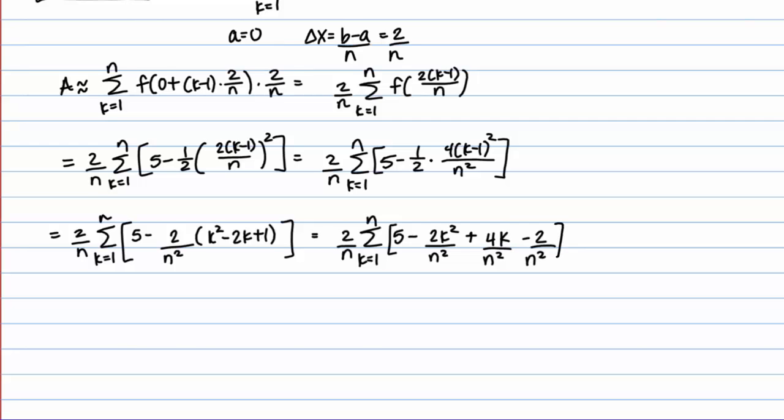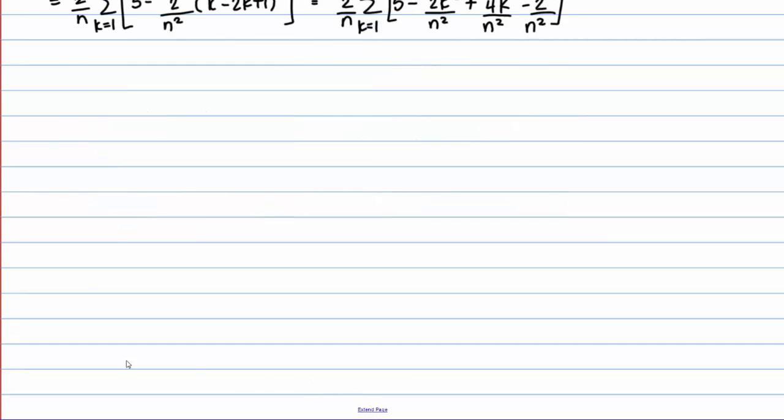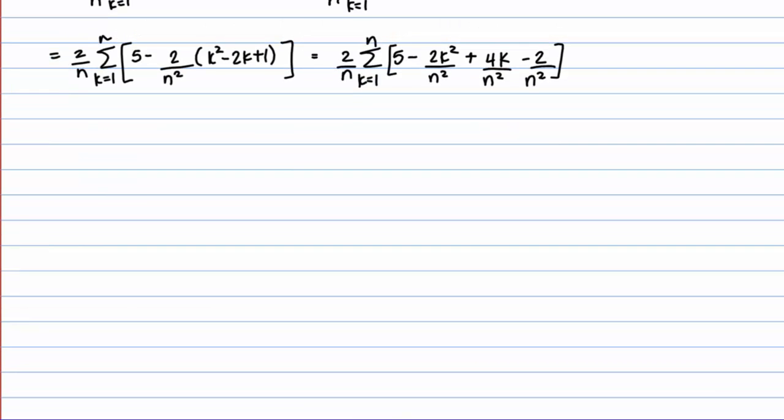Okay, now I've got this down to its little pieces. I've got a constant 5, I've got something times k squared, I've got something times k, and then I have this other constant 2 over n squared. So once again, I can split this up.